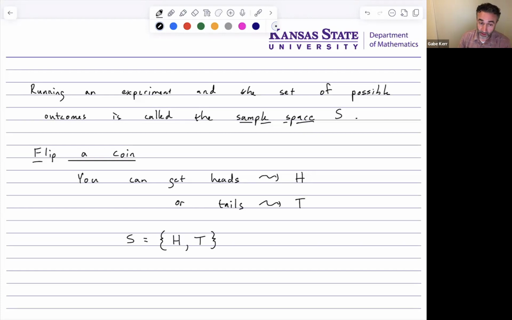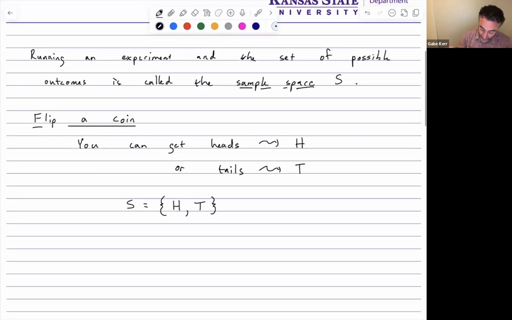That's it. So this is example one, but you can certainly make a more interesting example by flipping a coin, say, two or three or four times. So let's adjust this. A more interesting experiment would be to flip the coin twice.